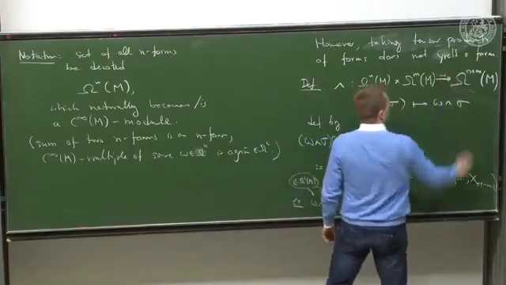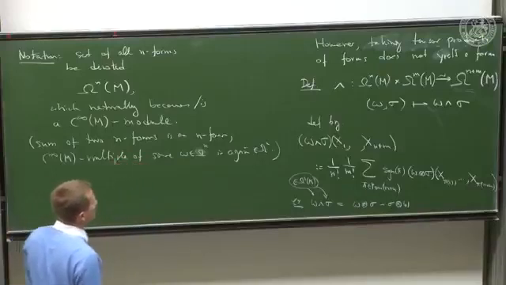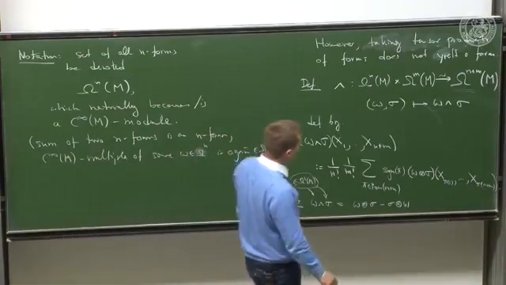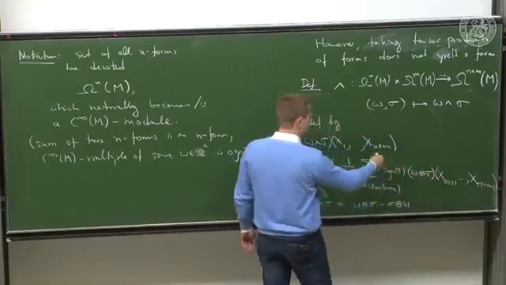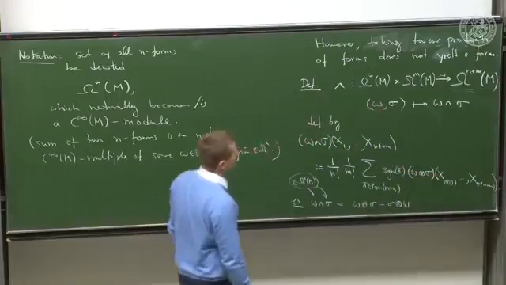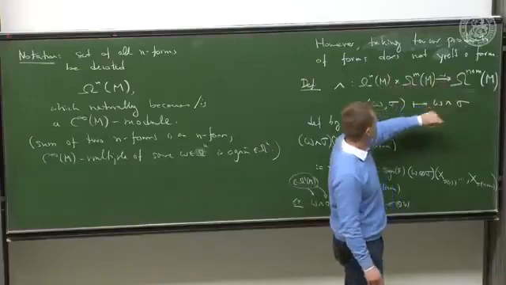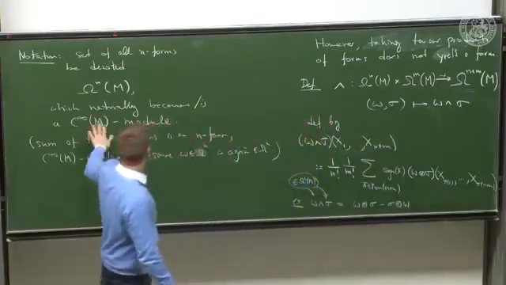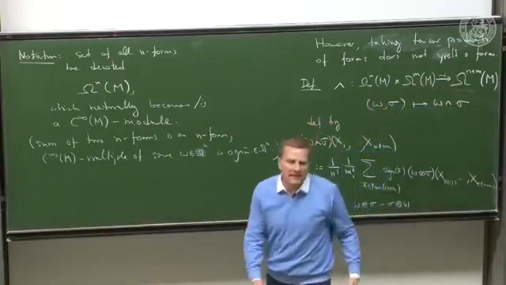Okay, so quite obviously it goes from here to here, and also importantly, it is of course a bilinear map. It's C∞ bilinear, because multiplying the omega or the sigma by some function will just pull out, and it's additive anyway. So it's a bilinearity, but because we're dealing with C∞(M)-modules, this must be a C∞(M) bilinearity.